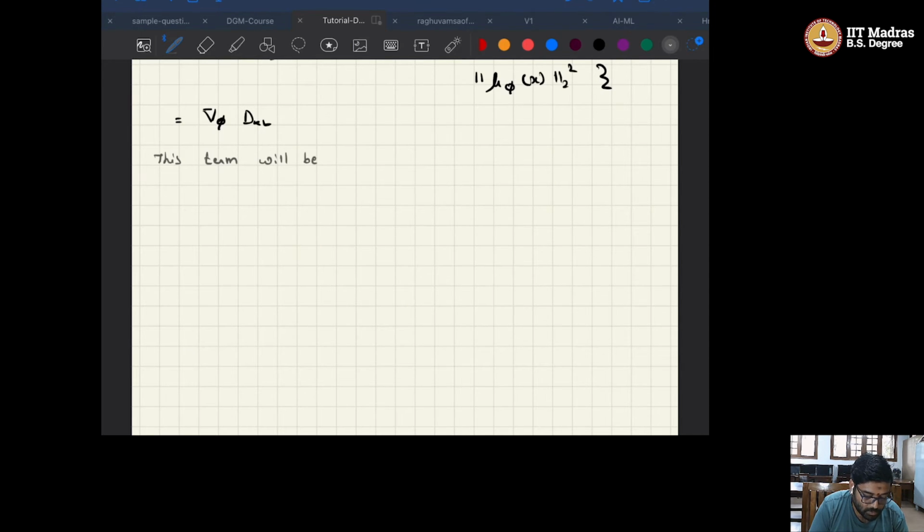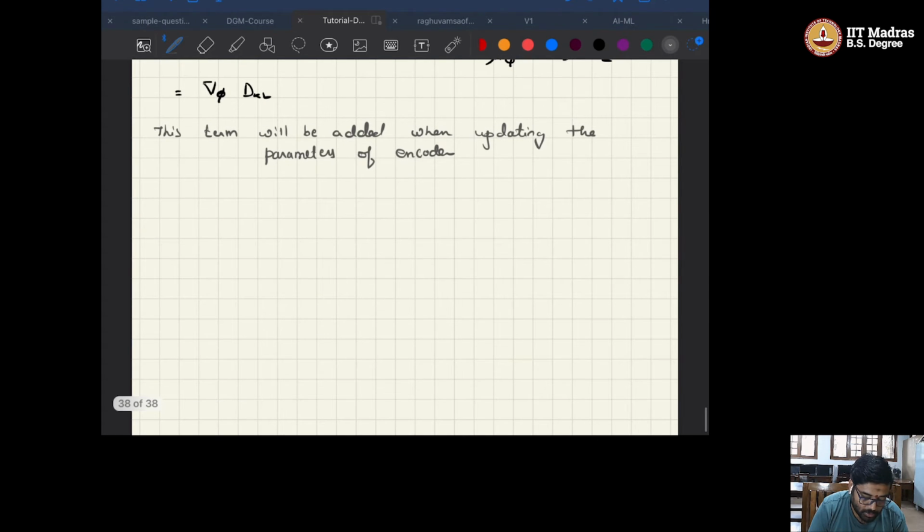Therefore, your gradient update will be phi of t plus 1 equals phi of t plus some learning rate alpha times the gradient with respect to the ELBO.